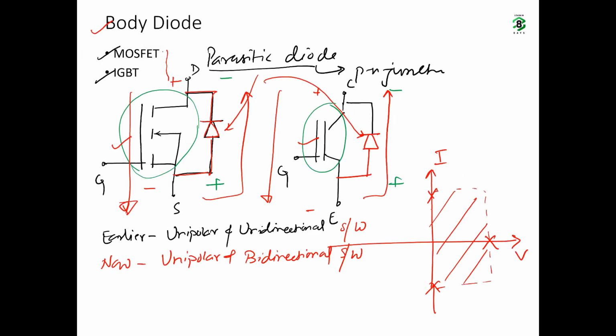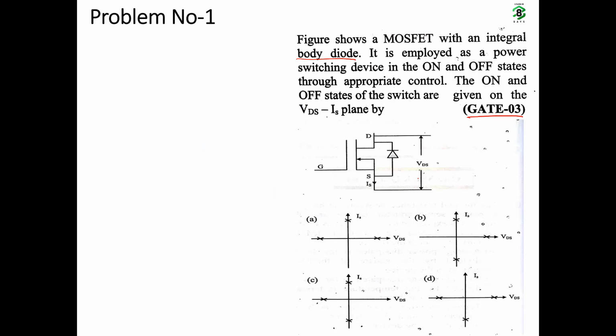But here we dedicatedly studied the body diode, so we consider its importance. Likewise, if a body diode or anti-parallel diode is given in the question, you consider its importance. So in this question the body diode is given, so you have to consider it.